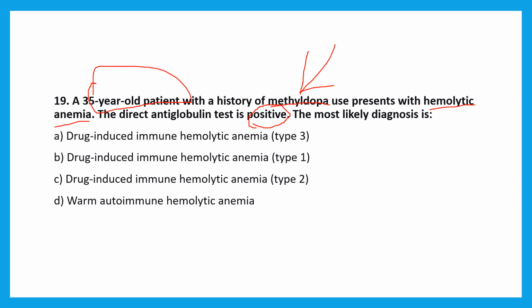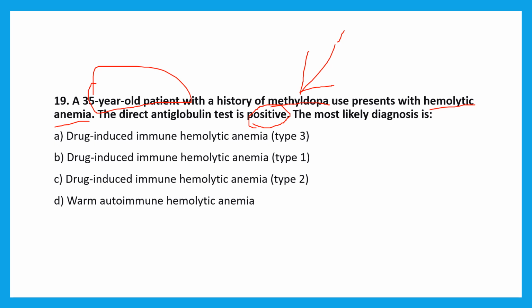Methyldopa itself is a classic example of a drug that can induce a true autoimmune hemolytic anemia. Sometimes it is classified as type 3. The antibodies are directed against the patient's own RBCs, independently of the drug.